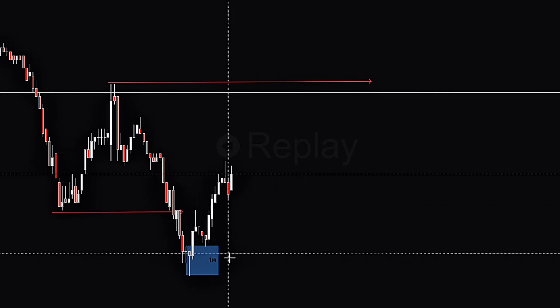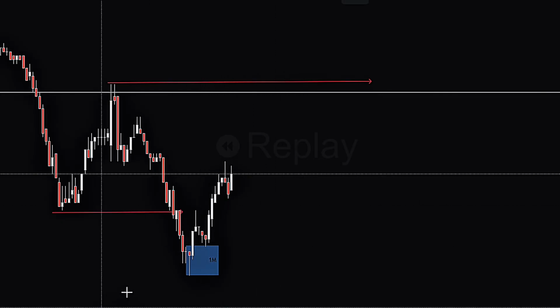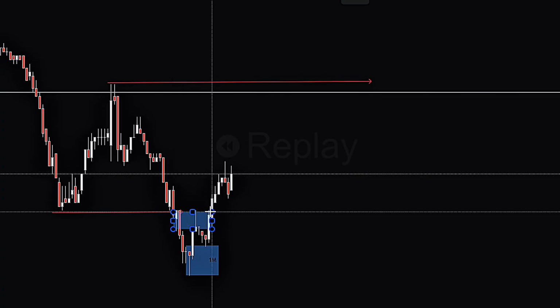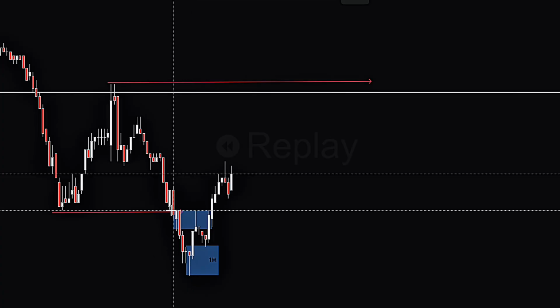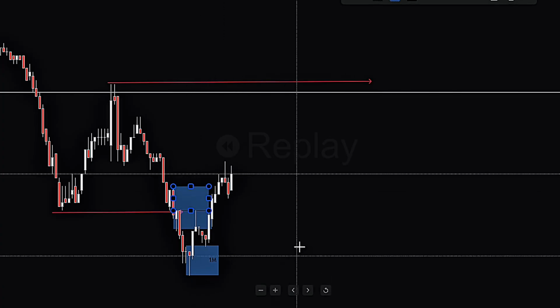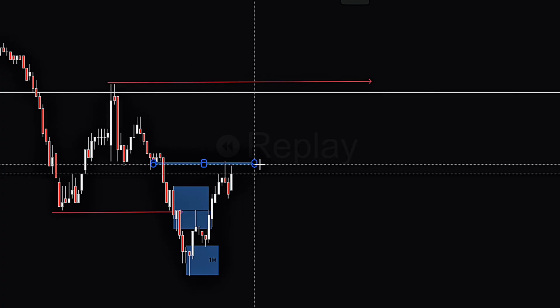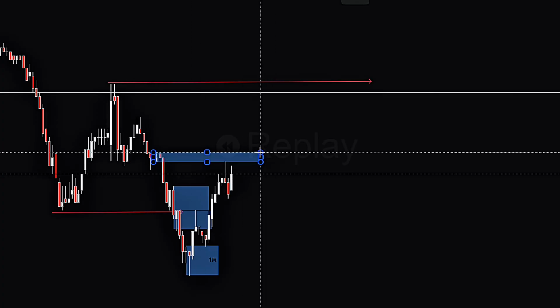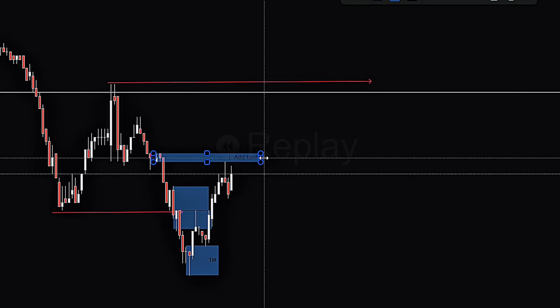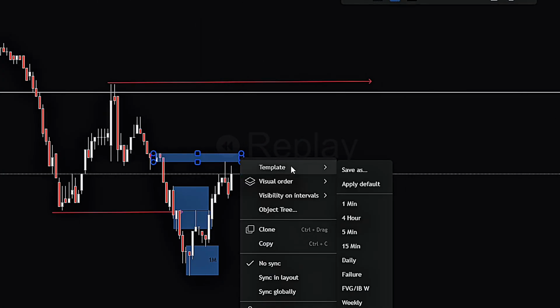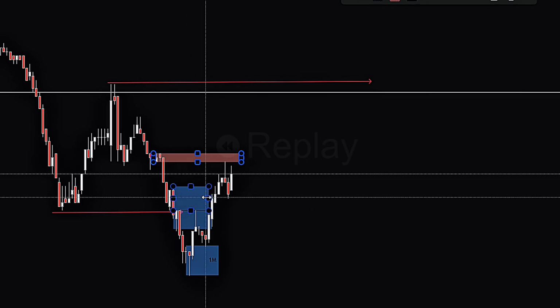Okay, that is currently the demand that is being respected, right? So I'm like, okay, look at that. We have a possibility of a supply here. Same thing, another supply, right? There's a lot of different supplies. What we're looking for is a supply to have a reaction, and then after the reaction, it blows through it.